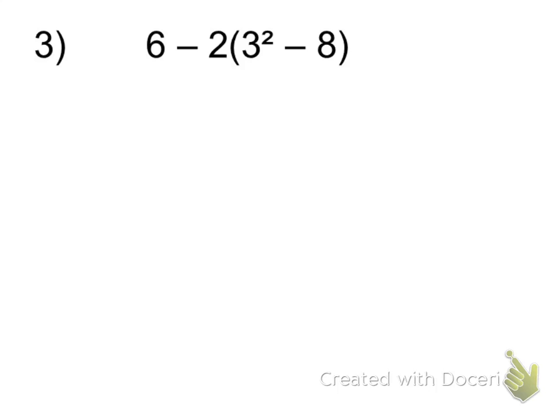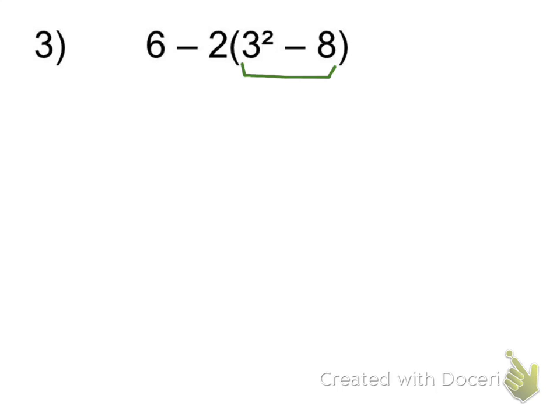Here's number 3. All right, so do you see parentheses? Yes, so we actually have to simplify what's in the parentheses first using the same order of operations that we've been talking about.